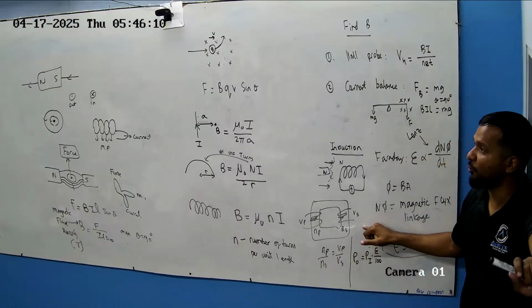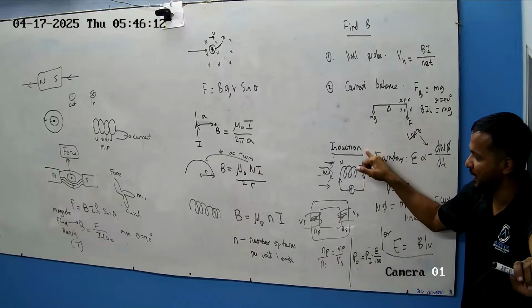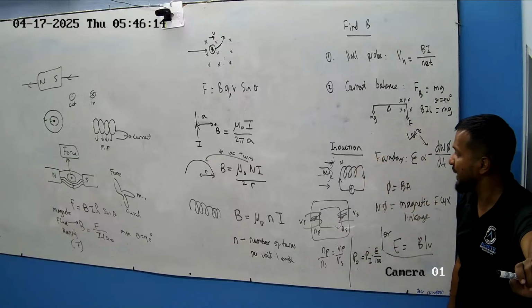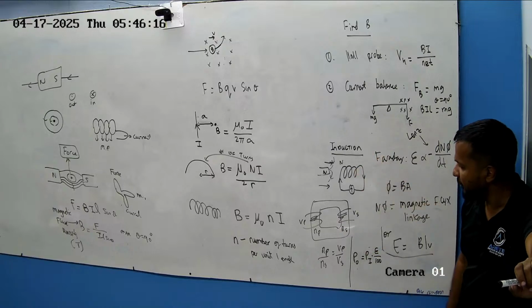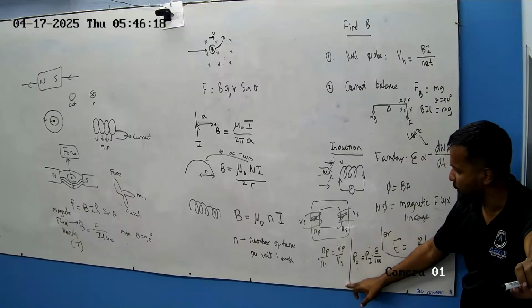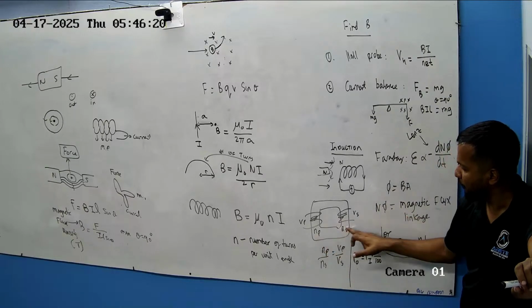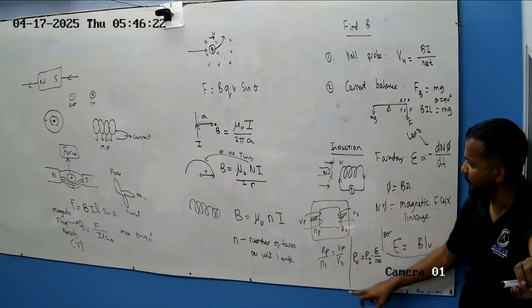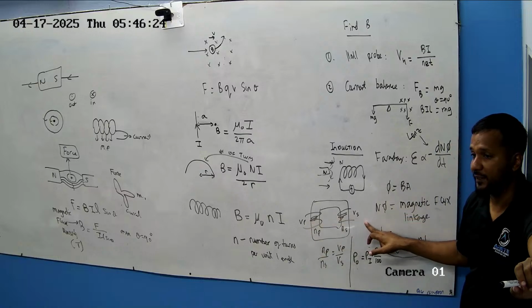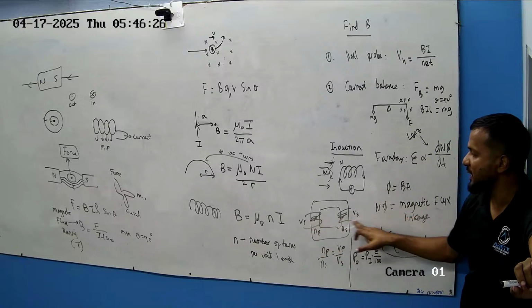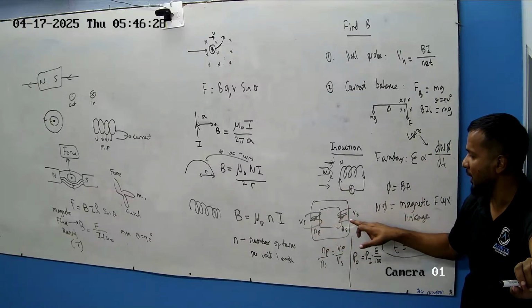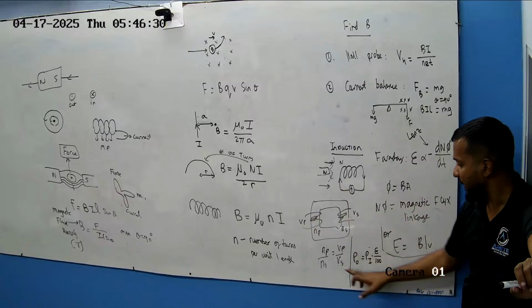Remember, a transformer works on the principle of electromagnetic induction, right? So in a transformer, you need to remember that this ratio is always true: number of coils in the primary over number of coils in the secondary is equal to VP over VS. Right? If this is bigger than this, it is a step down; if this is smaller than this, it is a step up. Right? And this formula works.